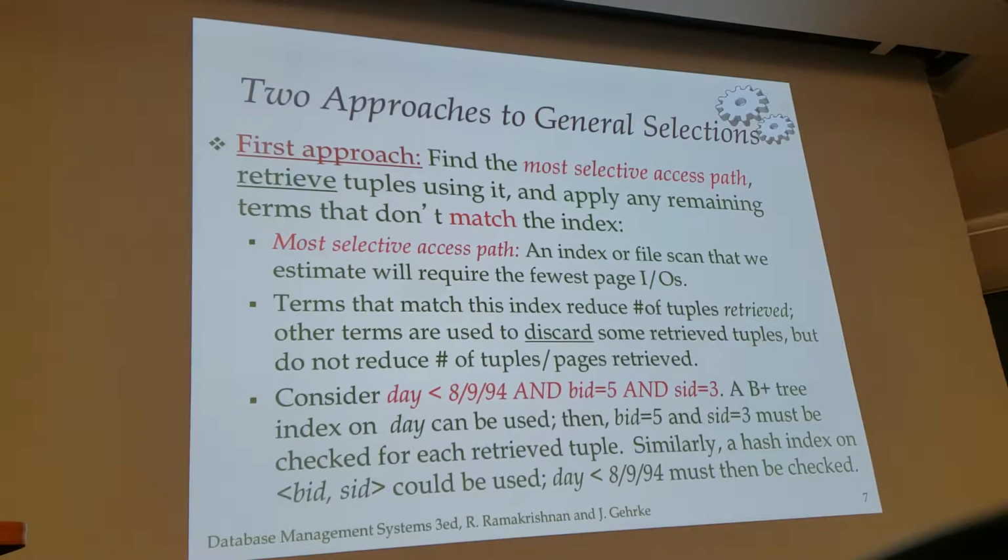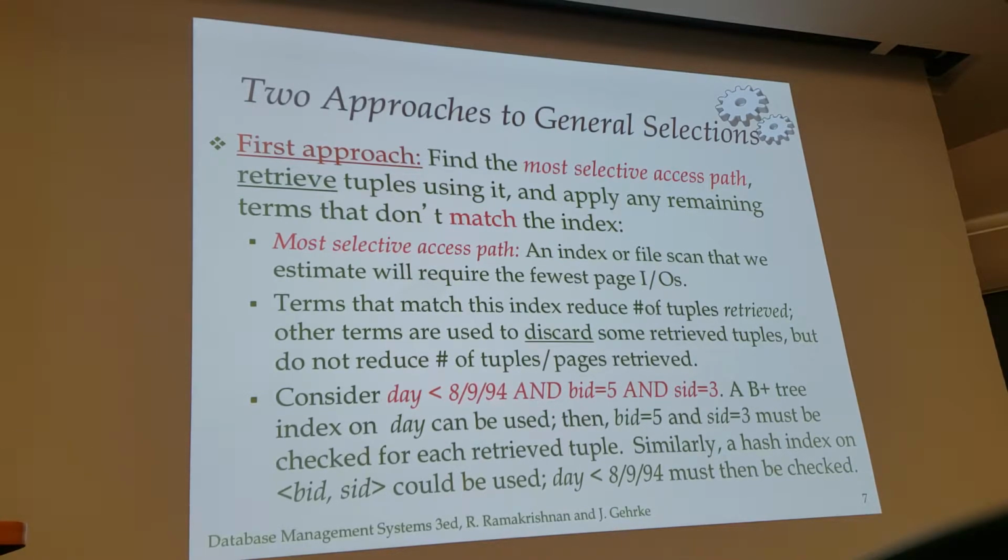We looked at this exact example already. If you have a B tree on day, then you could just extract the things that have the right day using the B tree, and then check on the BID and SID predicates. Or if you had a hash index on BID, SID, because you have the two equalities, you could just get the exact right things that have BID 5 and SID equals 3 inside Reserves.